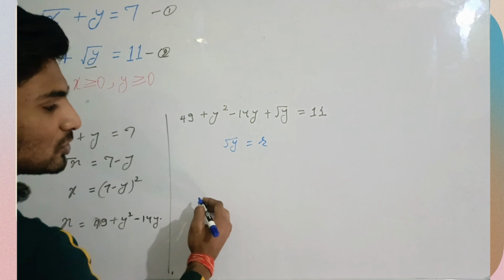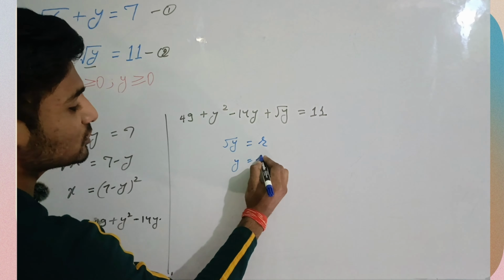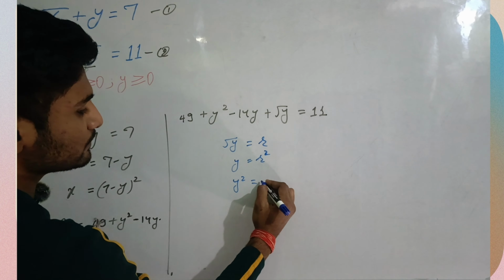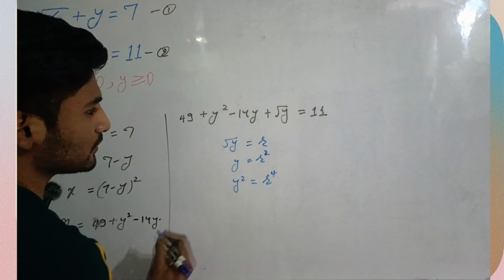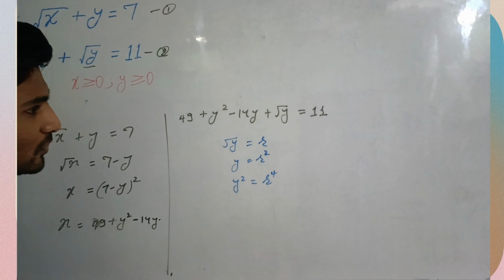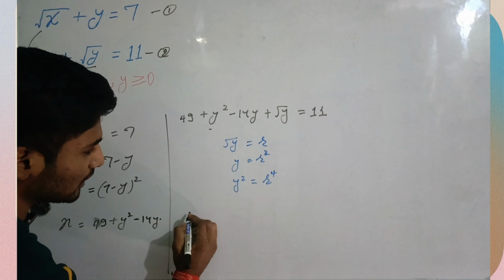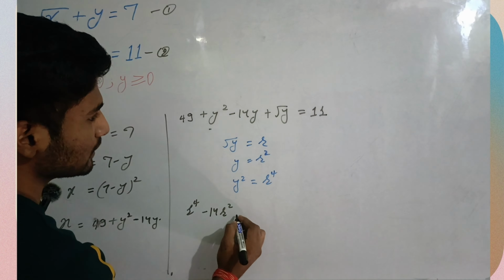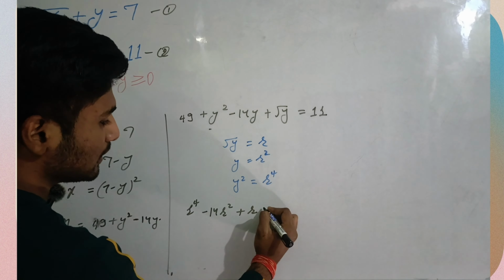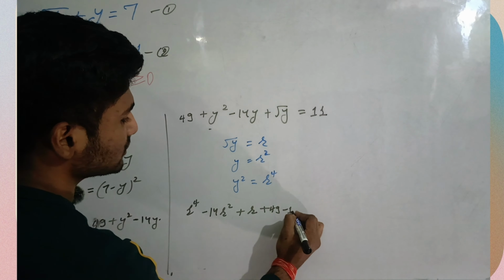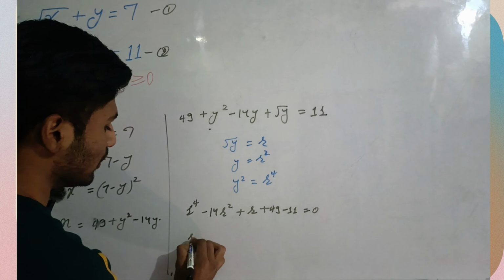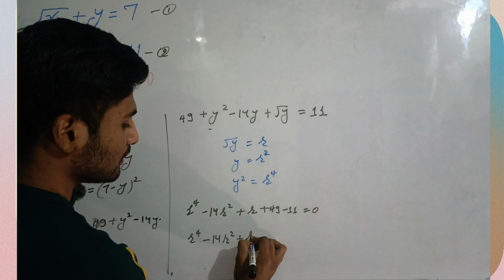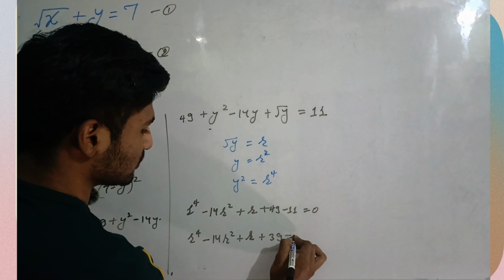So if root y is equal to r, squaring both sides we get y is equal to r square, and again squaring both sides we get y square is equal to r raised to the power 4. So here on arranging we get r raised to the power 4 minus 14r square plus r plus 49 minus 11 is equal to 0, or r raised to the power 4 minus 14r square plus r plus 38 is equal to 0.